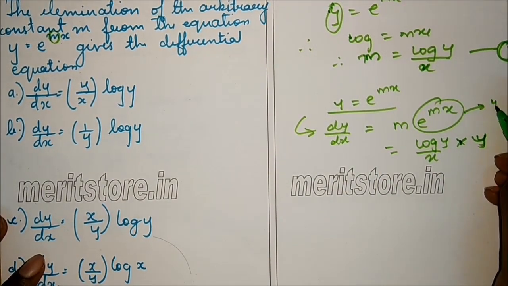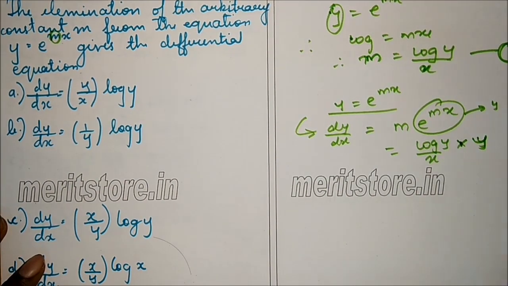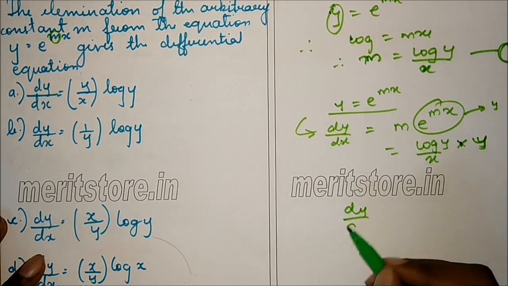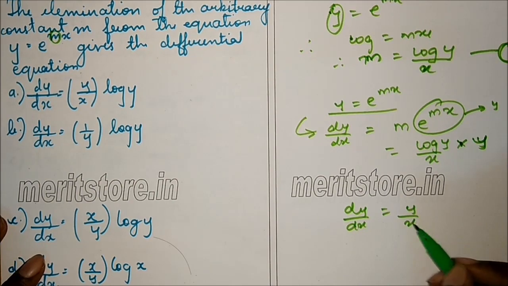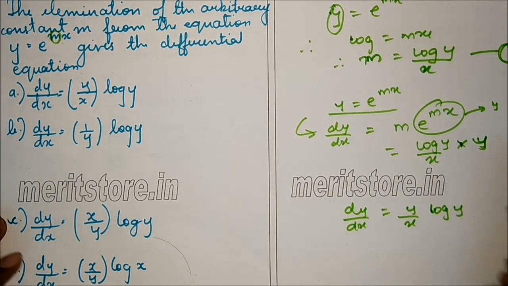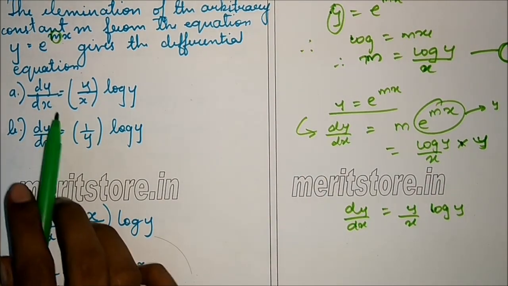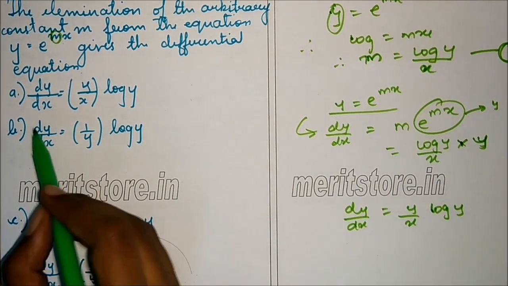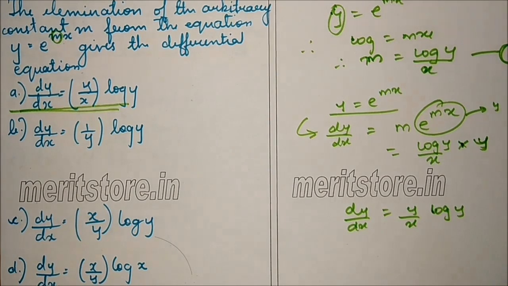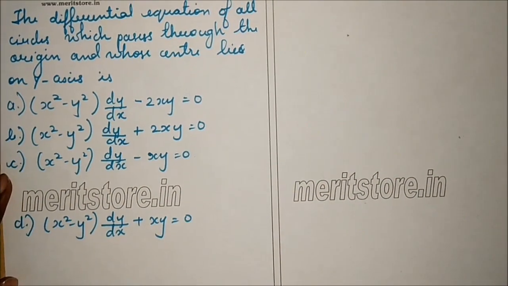So we got dy by dx equals y by x log y. So we'll check the options. dy by dx, y by x log y. So this will be option A.